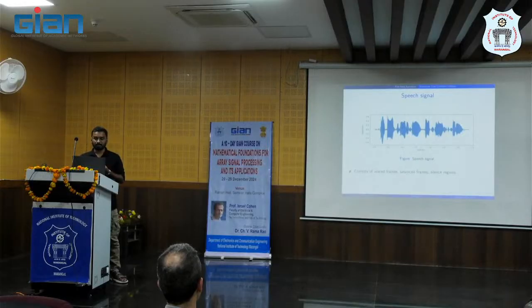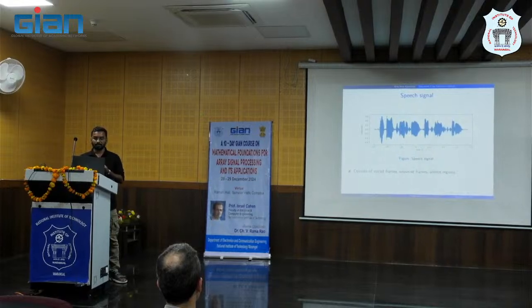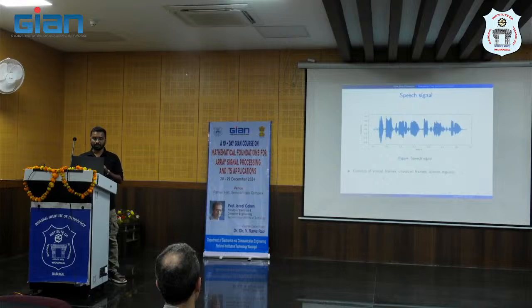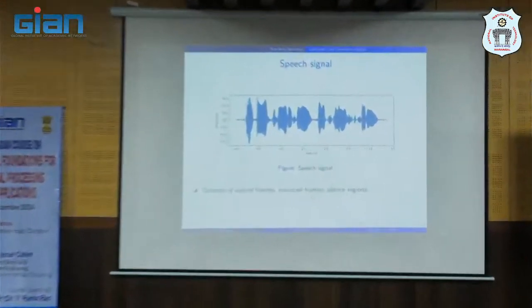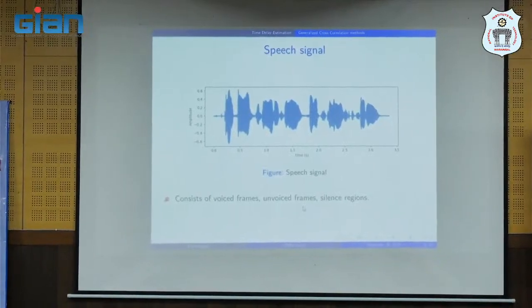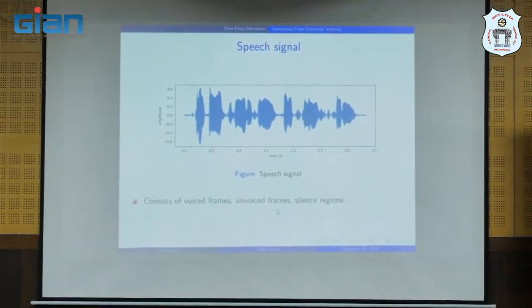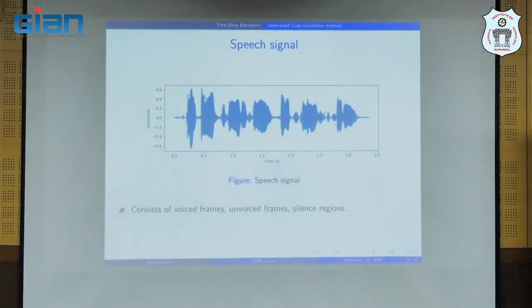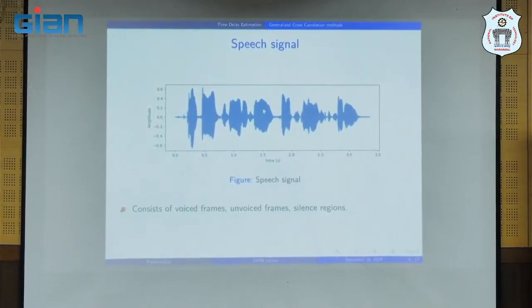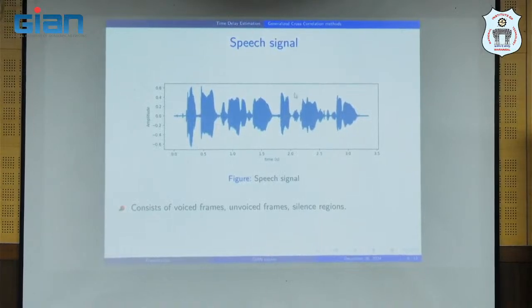We are applying this mostly to speech signals. A speech signal consists of different regions. There are voiced regions, which are generally periodic regions, like vowels. Unvoiced regions are consonants or fricatives, different parts of the speech which are non-periodic.